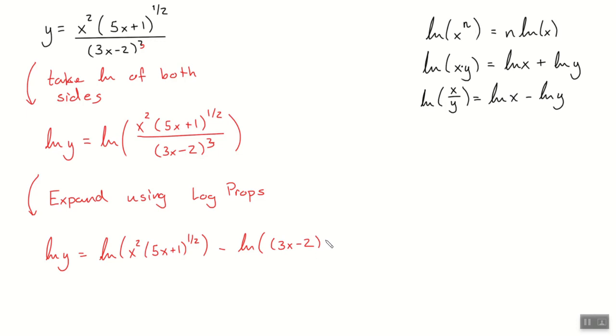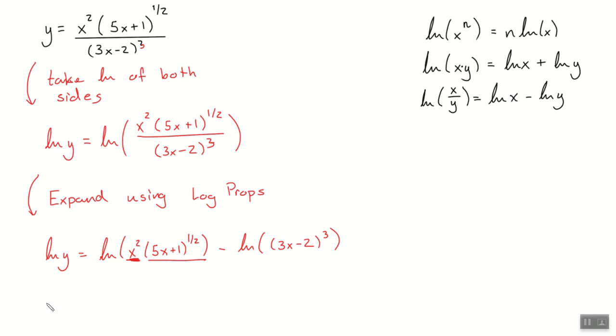Okay, and again, I want to stress, we are doing so much more work right now than I would expect you to do on every problem, but it's a good review in case you don't recall this expansion stuff. Okay, do we stop here? I don't think so. Okay, what's happening between this x squared and this 5x plus 1 to the 1/2? Good. Do we have a way to change multiplication using log properties? If we multiply in the argument, then we can sum the logs.